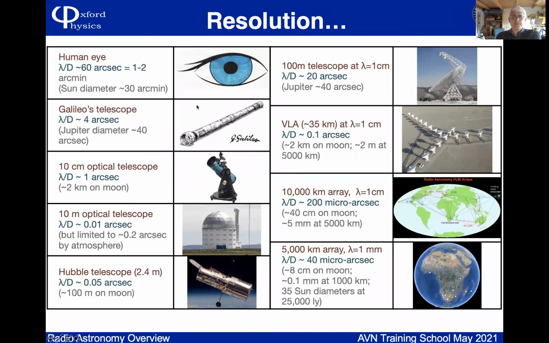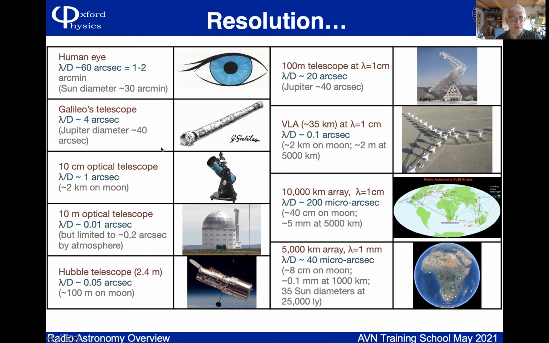And it's worth just thinking about how the resolutions that you get with different telescopes relate to the resolution that you're more familiar with. So the human eye has a resolution of a few arc minutes. You can get that with, say, a Greenbank class telescope operating in the microwave.